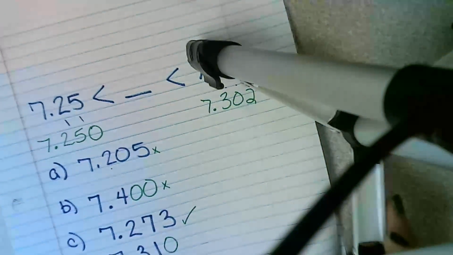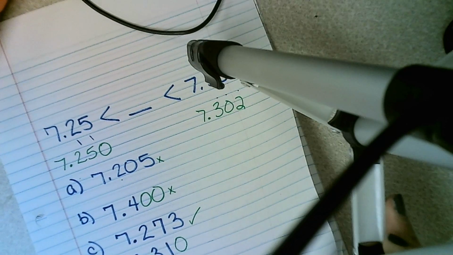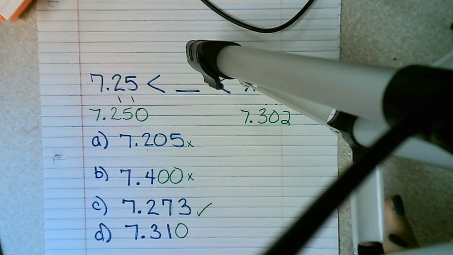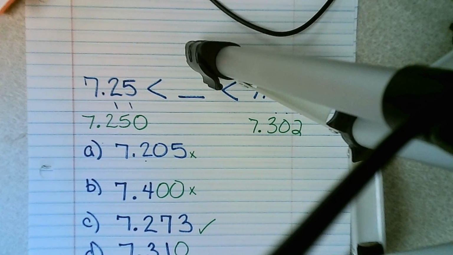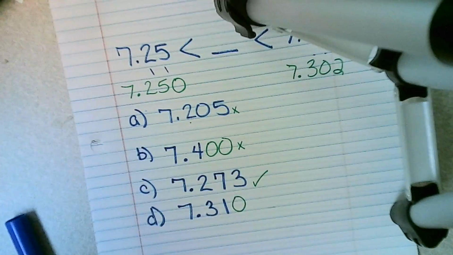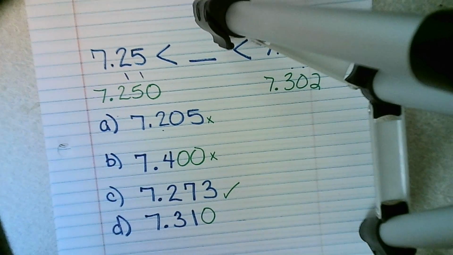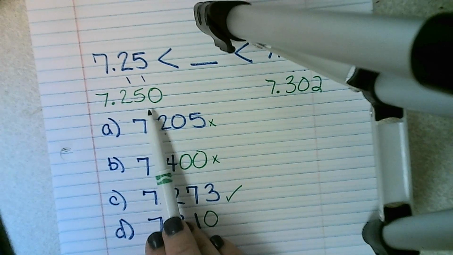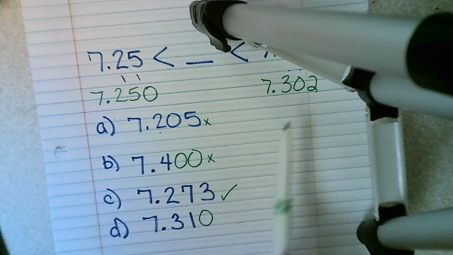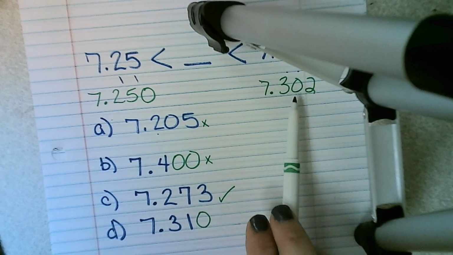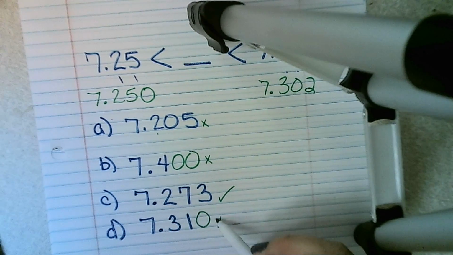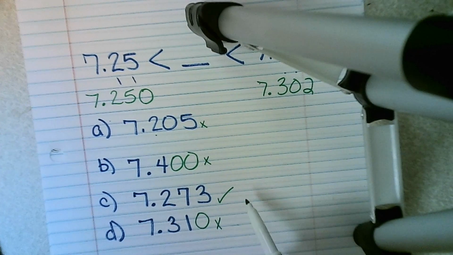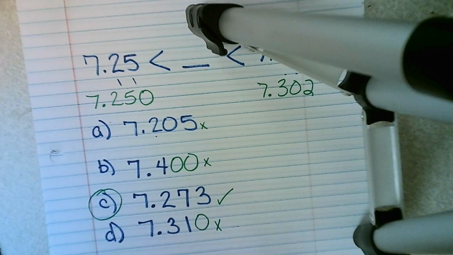So I'm trying to decide, sorry guys, if 310 is between 250 and 302. Well, 310 is bigger than 302, so it is not my answer. I only had one correct answer, so on this one I would choose C.